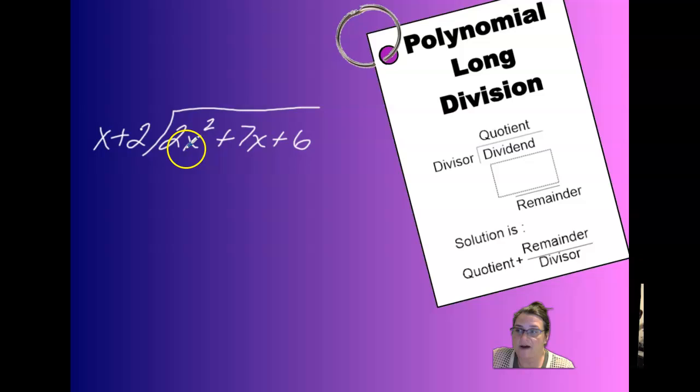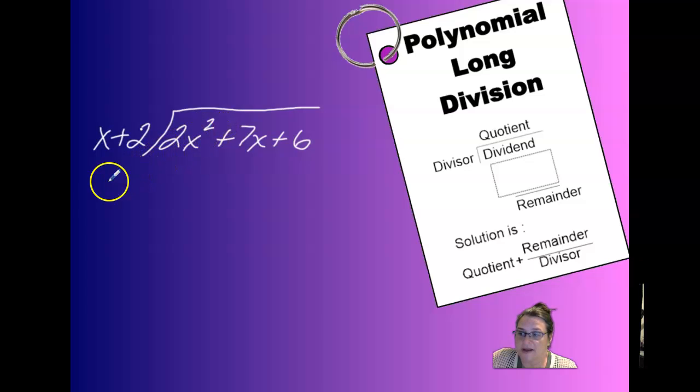What we want to divide by is the divisor, that's written out front, so x plus 2 is the divisor.